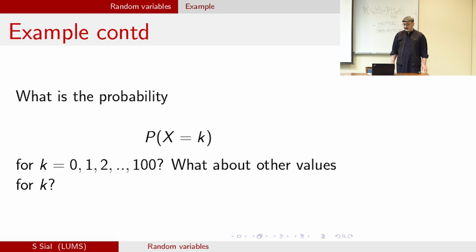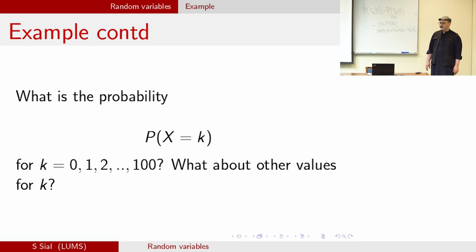Okay. So what's the probability that x is equal to 0? I mean, in principle, you could roll a die 100 times and never get a 6.